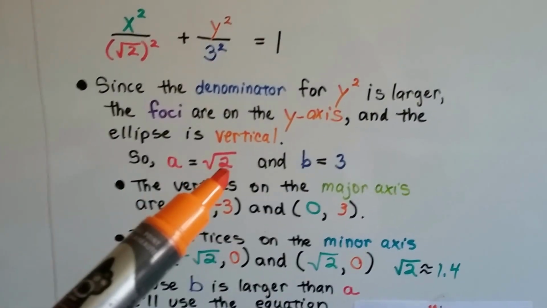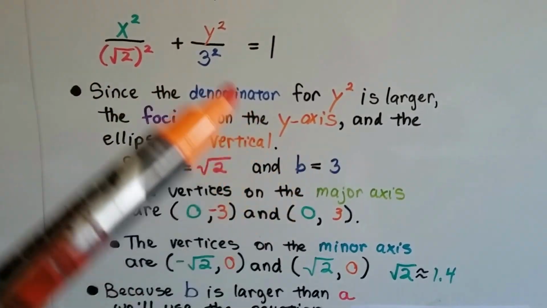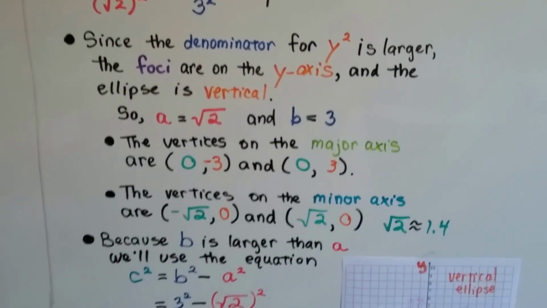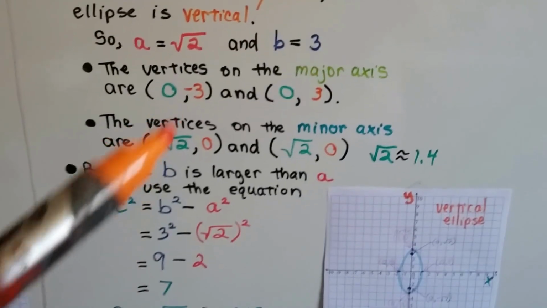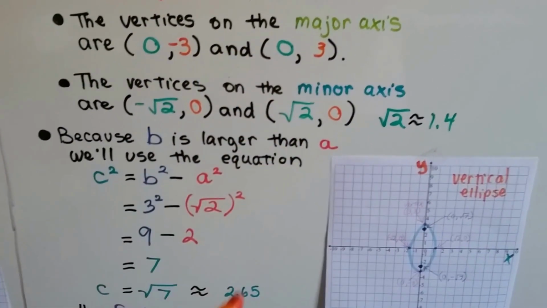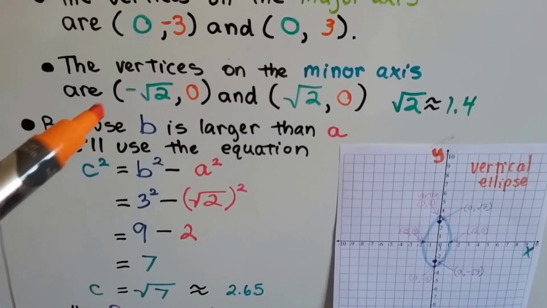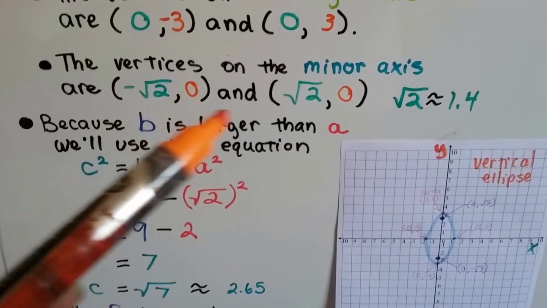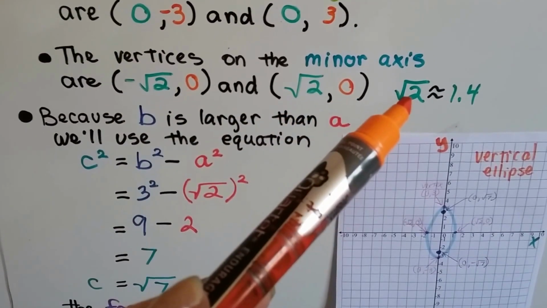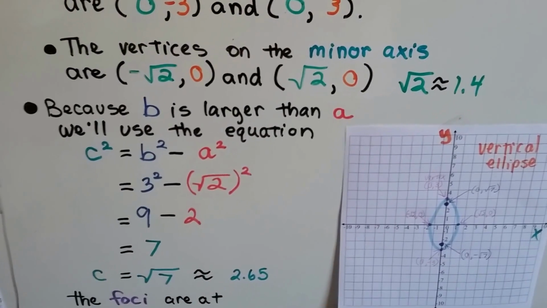So a is equal to the square root of 2, and b is equal to 3. And the vertices on the major axis are (0, -3) and (0, 3). And the vertices on the minor axis are (-square root of 2, 0) and (square root of 2, 0), and square root of 2 is approximately 1.4.